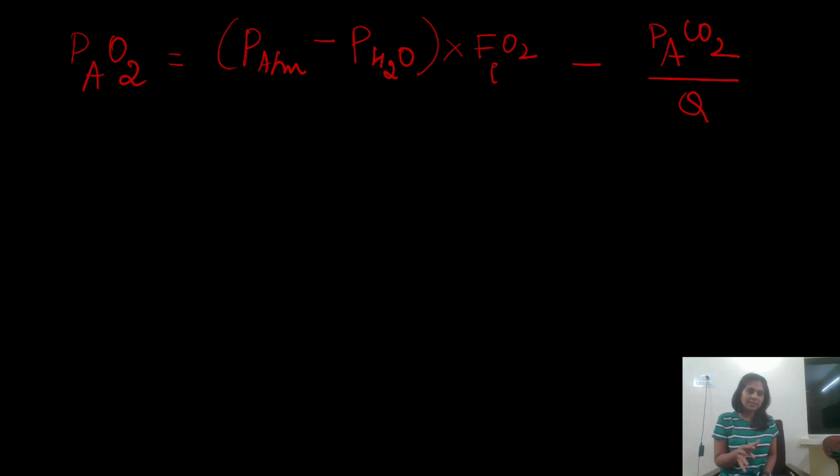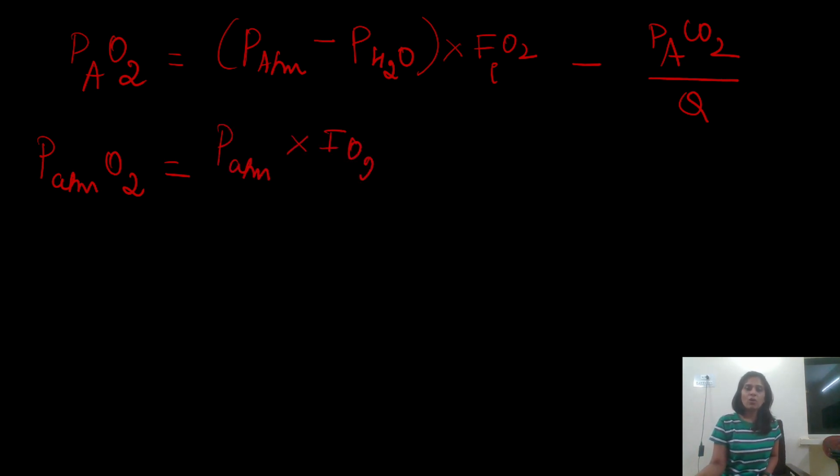But if I tell you the scientific basis of this, it's very easy to remember. For that, I'm going to help you recollect all the numbers I told you previously. First, how will you calculate atmospheric partial pressure of oxygen? It is total atmospheric pressure into fraction of oxygen, right?